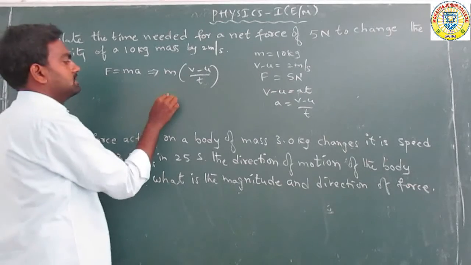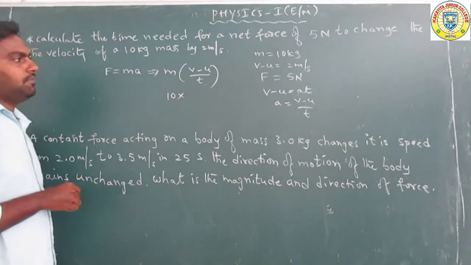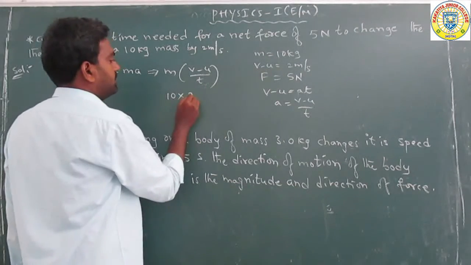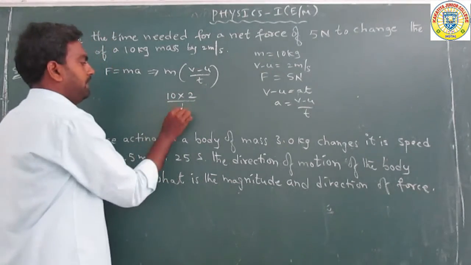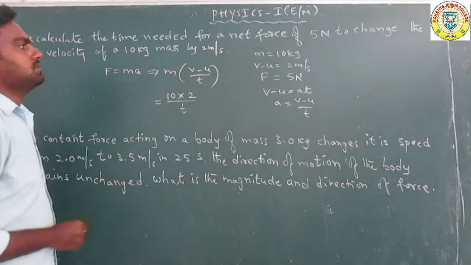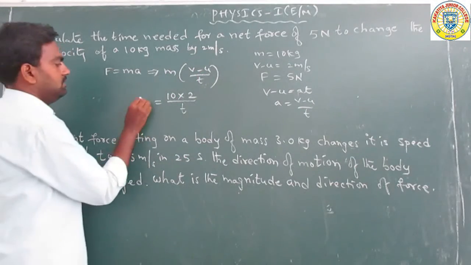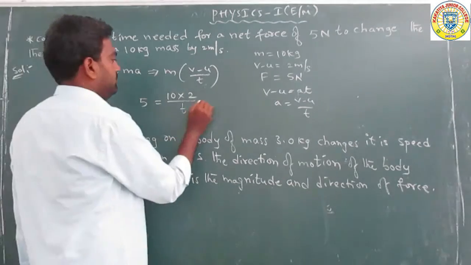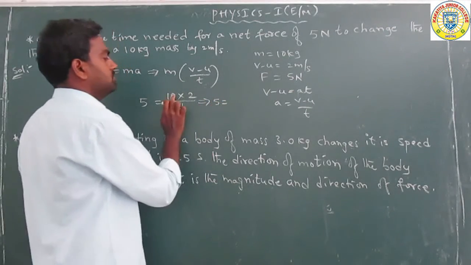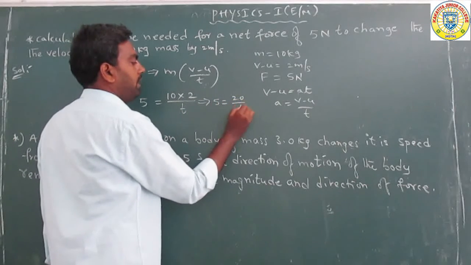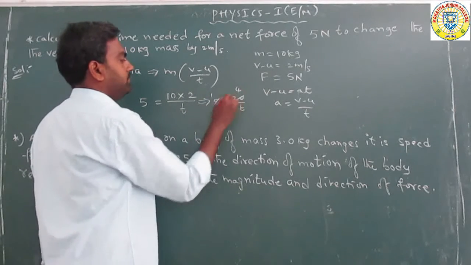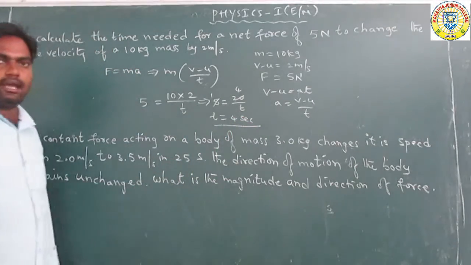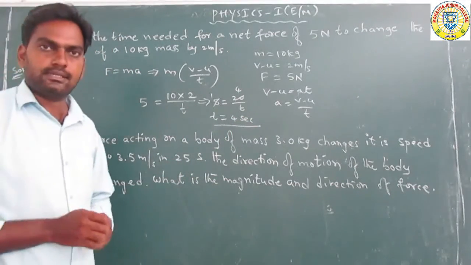Now substituting m = 10, v - u = 2 meters per second, and F = 5 newtons: 5 = (10 × 2)/t, so 5 = 20/t. So the time t is equal to 4 seconds.